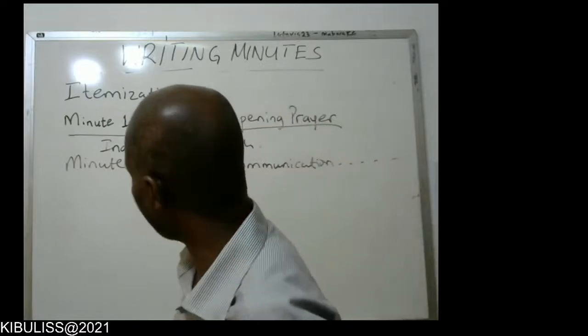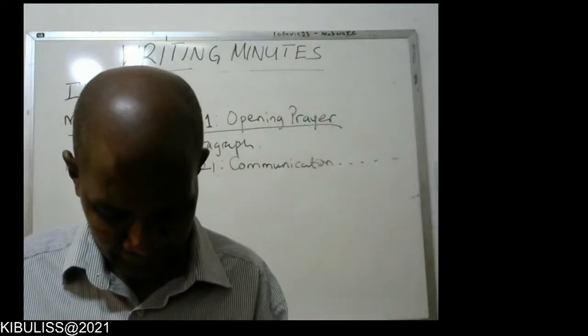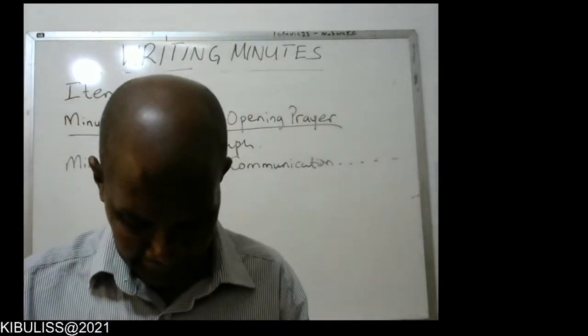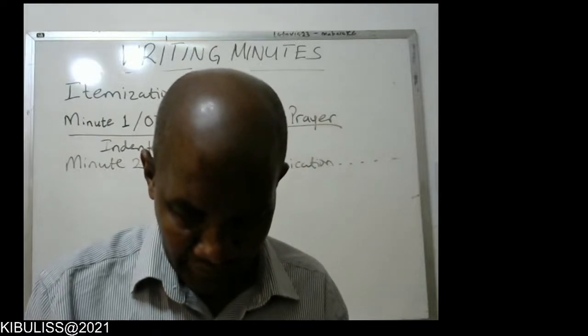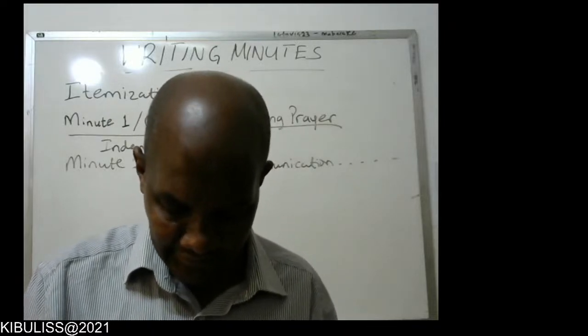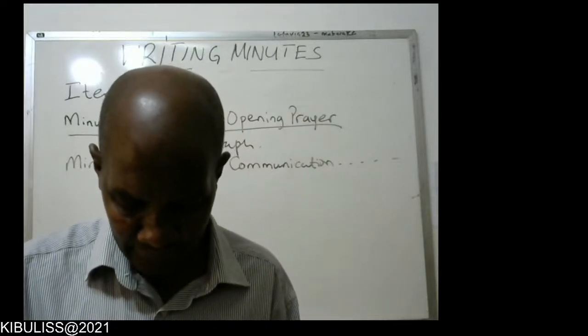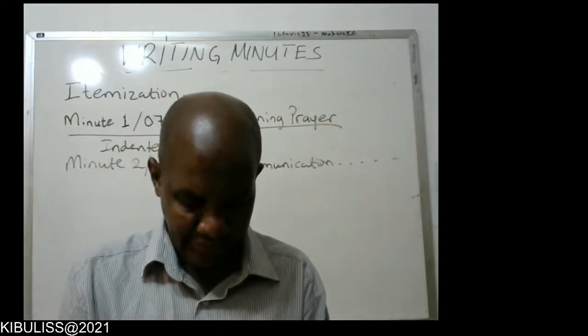You complete communication from the chairperson. Then again in an indented paragraph form, the secretary will indicate what the chairman communicated in past tense, in passive voice, in reported speech. Okay? We will not directly quote the chairperson's words.